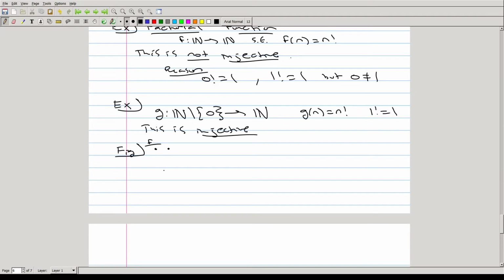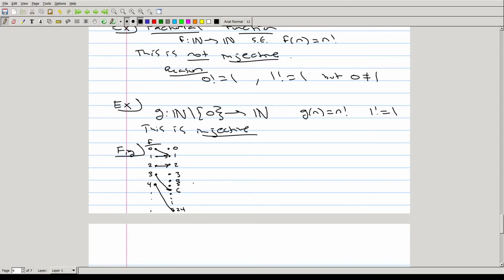The first function f includes 0 in the domain, and 0 factorial goes to 1, 1 factorial is 1, 2 factorial is 2, 3 factorial is going to be 6, and so on and so forth, all the way down to 4 factorial, which is 24.